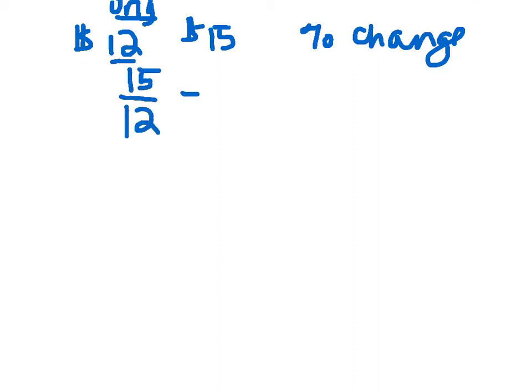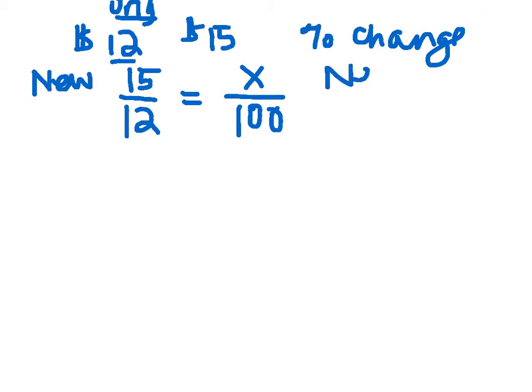If I put 15 on top and 100 here, I can do this same thing, only notice 15 is not the change, it's the new price. So when I compute this, I am going to get the new percent. In fact, if you plug these numbers in here, you will see that x is equal to 125%.